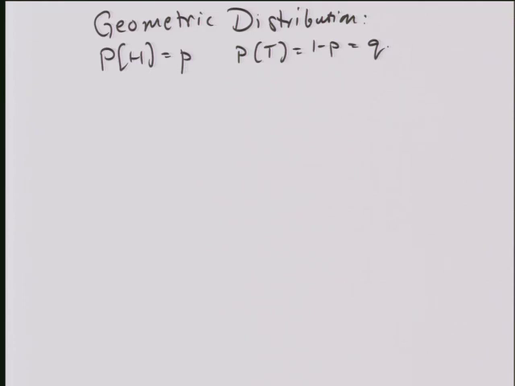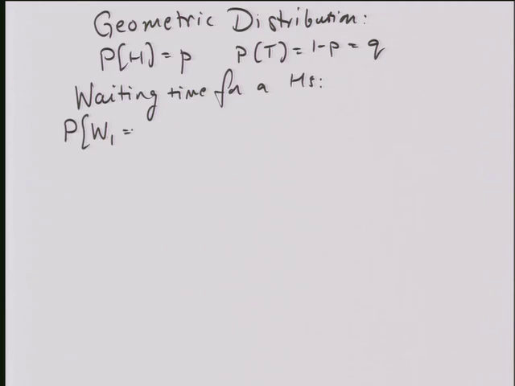the random variable we have is how long do you have to wait till you see a heads? Okay, so waiting time for heads. Remember, we called this something. So we called it W1. Right? This was our random variable. And so what's the probability W1 equal to n?